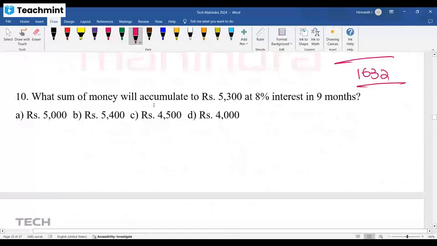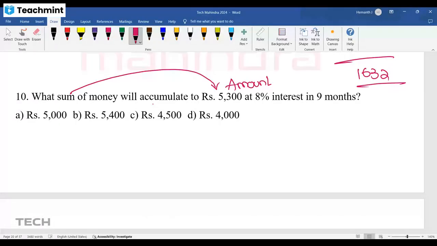And here they are giving what sum of money will accumulate to 5,300 at 8% interest in 9 months. Guys, money accumulated, this is amount. Amount is 5,300. By default, when they do not mention in the question, you have to take simple interest. Sir, is it simple interest or compound interest? Not mentioned means go with simple interest.